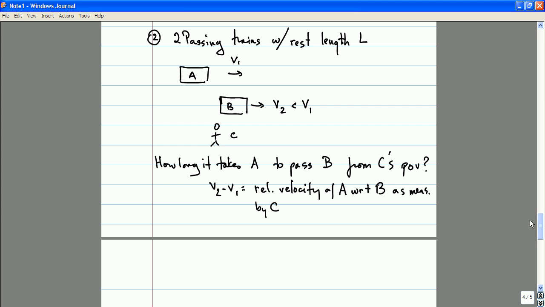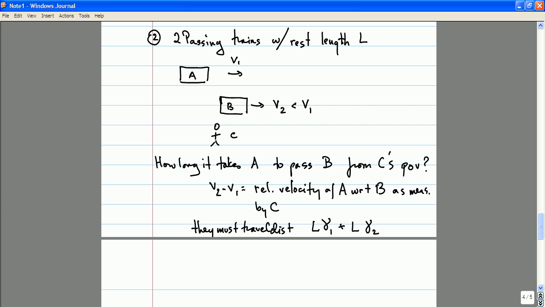They must travel a distance, the length of train A plus the length of train B, for train A to go from completely behind B to completely in front of B. And that distance will be L times the gamma factor associated to v1, that's the length of train A, plus L times the gamma factor associated to v2. I'll just call those gamma 1 and gamma 2.